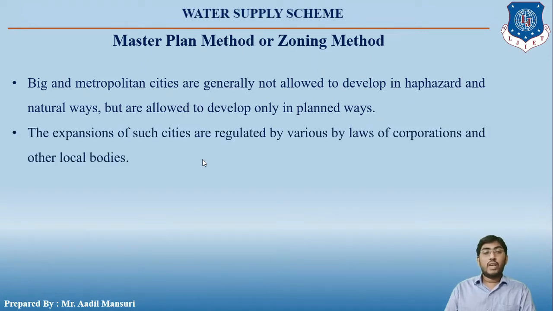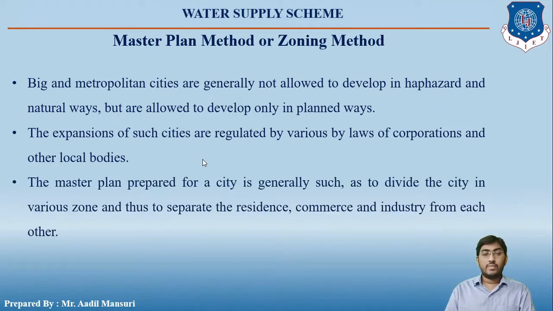The expansion of such cities is regulated by laws of corporations and other local bodies. The master plan prepared for a city is generally such as to divide the city into various zones and thus to separate the residential areas, commercial buildings and industries from each other.